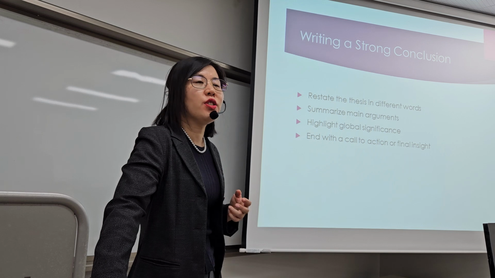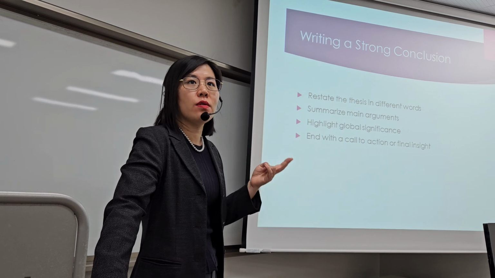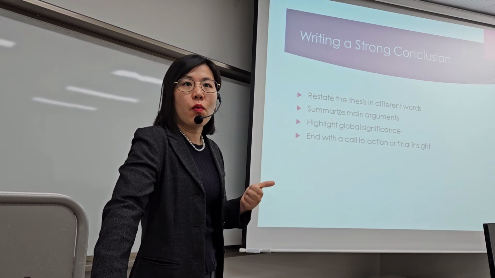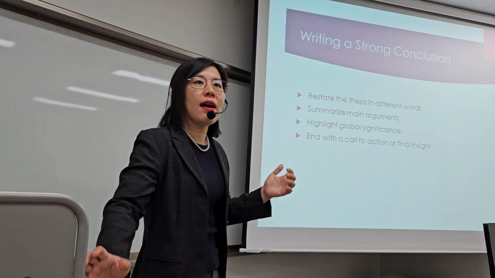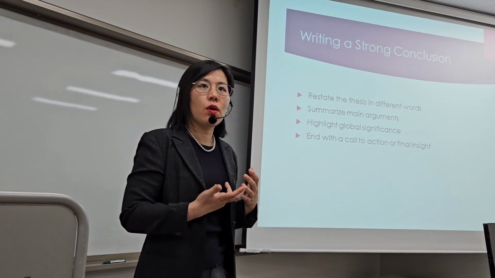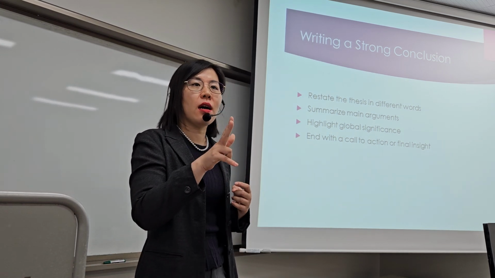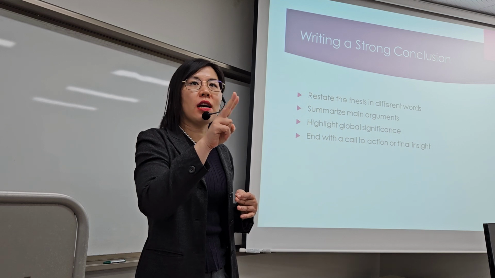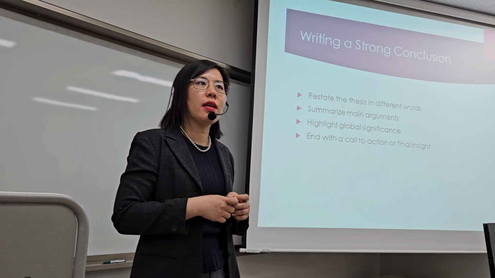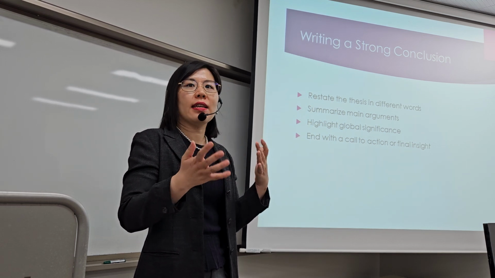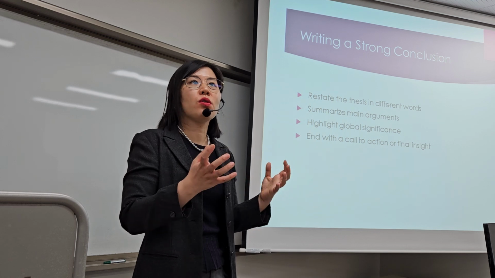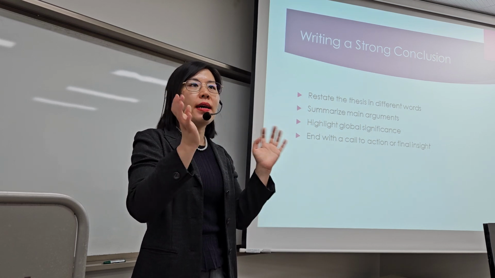So in the conclusion, you state your 2 supporting arguments and 1 counter-argument. And after you recap those, you try to navigate the common ground or the neutral ground to compromise the opposing views.